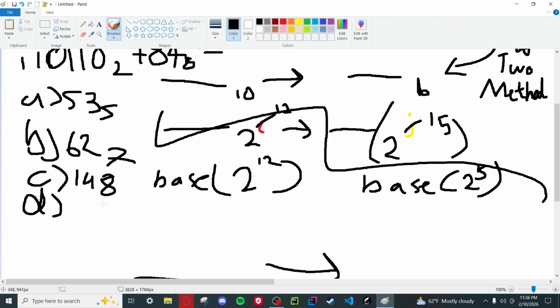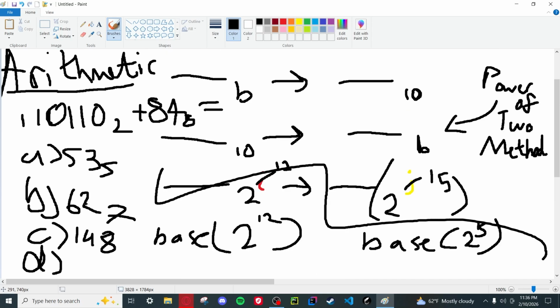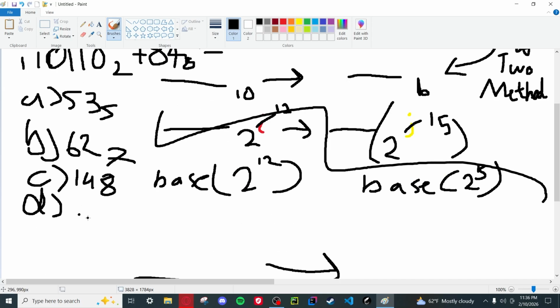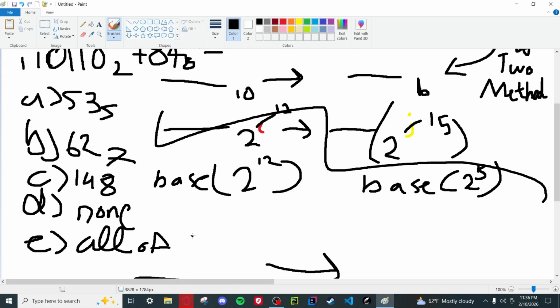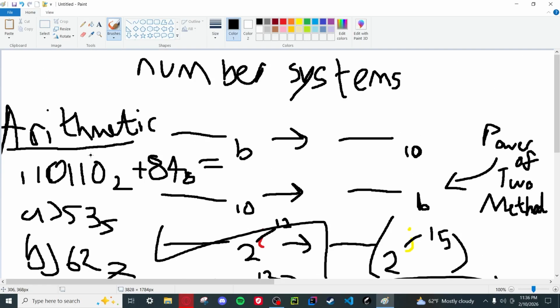I don't know if they put the subscript 10 or not, either way, it's base 10. D, none of the above. Or even E, sometimes you'll have all of the above. You know what I mean? You have to understand how to do this arithmetic, which we'll get into next time.